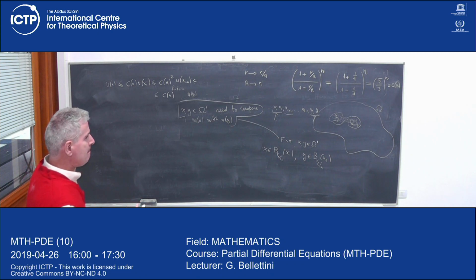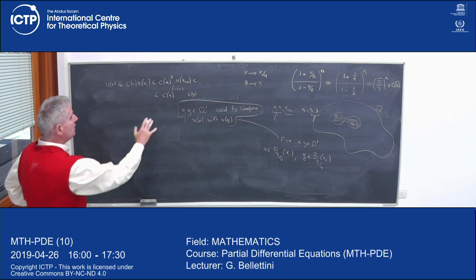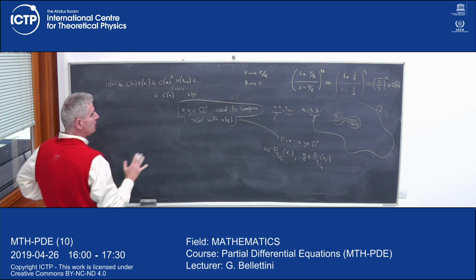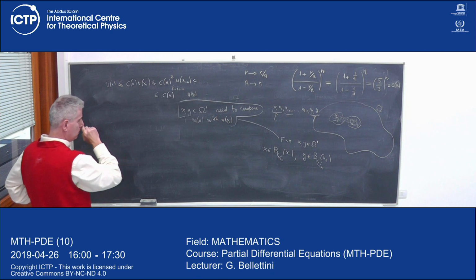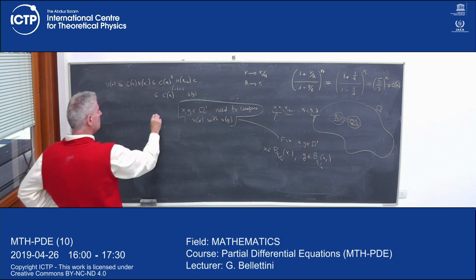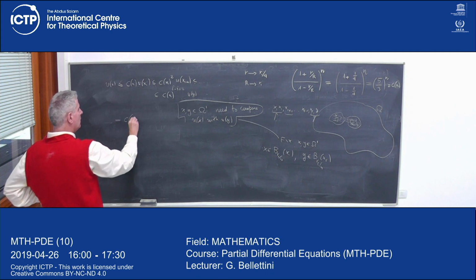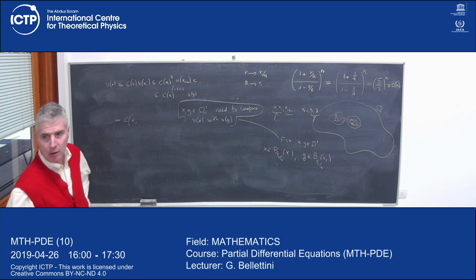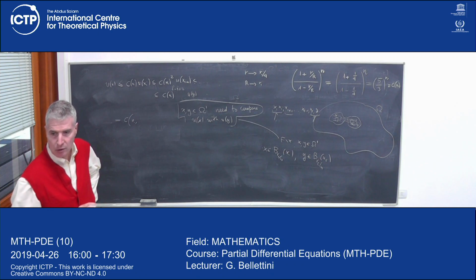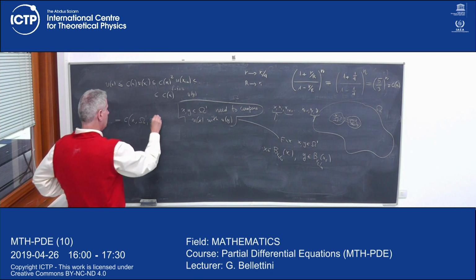Now, this concludes, because this is a constant depending on the dimension. l and i depend on omega prime and omega, just on the geometry of omega prime.